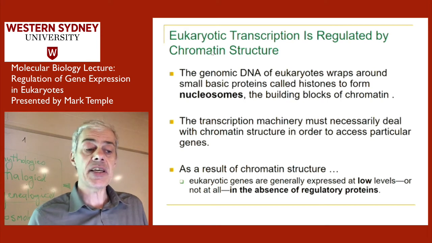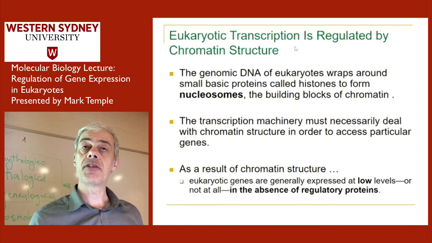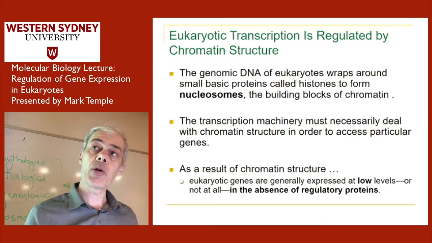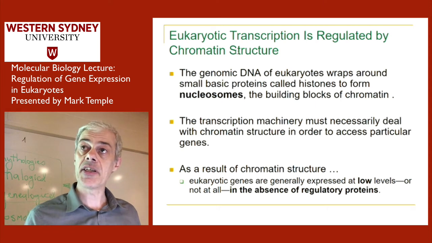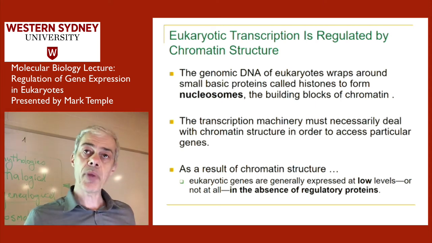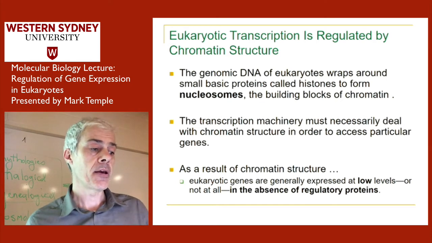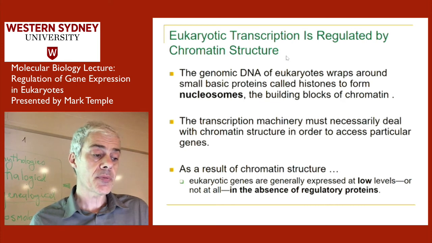Your DNA in cells is always associated with proteins, so your DNA exists as chromatin rather than as naked DNA or purified DNA. It's a complex of proteins and DNA that come together. That's how DNA exists in our bodies.